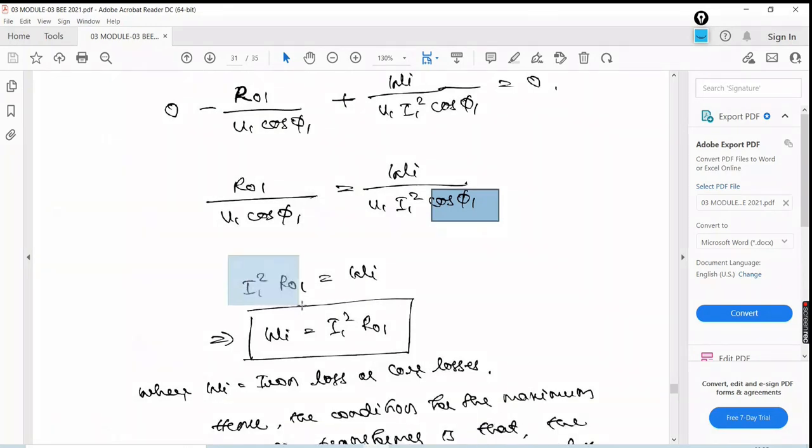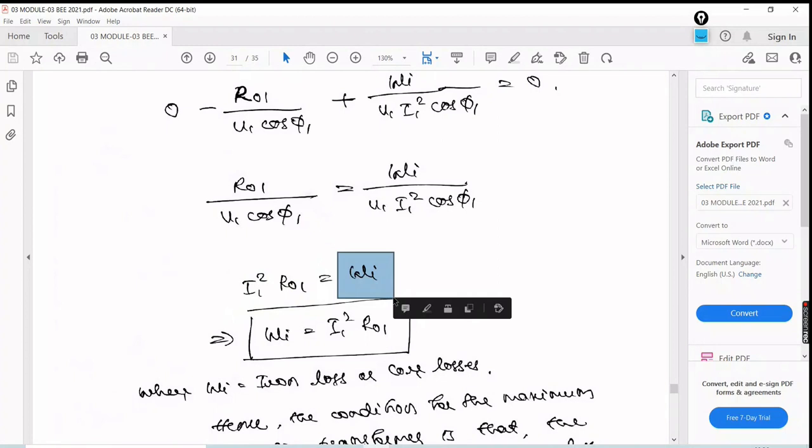What is this I1 square R01? I square R, which loss is it? Just now I told you, in losses, it is copper loss. Wi is the iron loss.